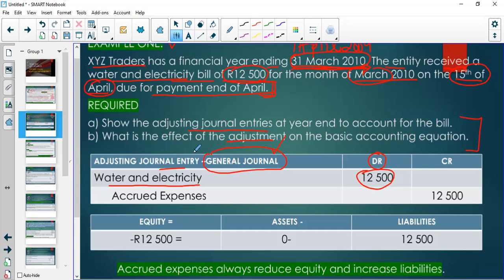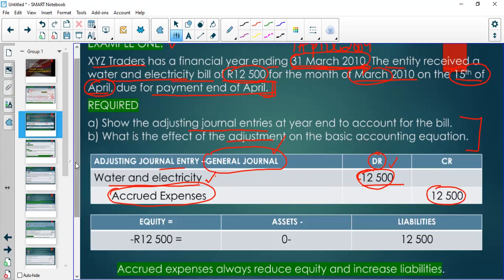So the adjusting entry here is: debit water and electricity with 12,500, which means our water and electricity expenses have increased by 12,500. But because we didn't pay, we're going to credit accrued expenses with 12,500. So we have done our debit and our credit entries.